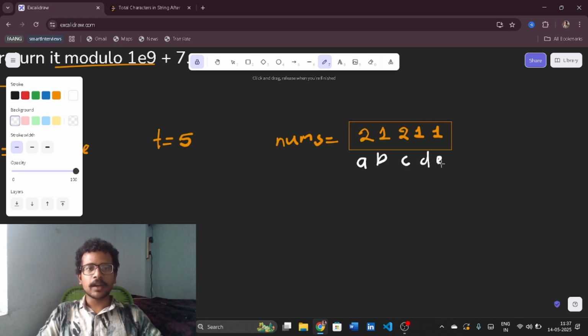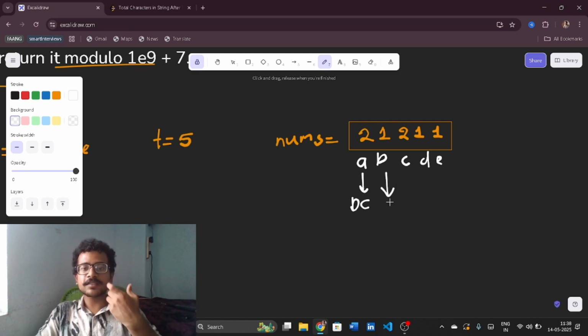So what does this mean? When I get A, I need to transform it to the next two consecutive characters, BC. When I get B, I need to transform it to the next one consecutive character, which is C. When I get C, I need to transform it to the next two consecutive characters, DE.